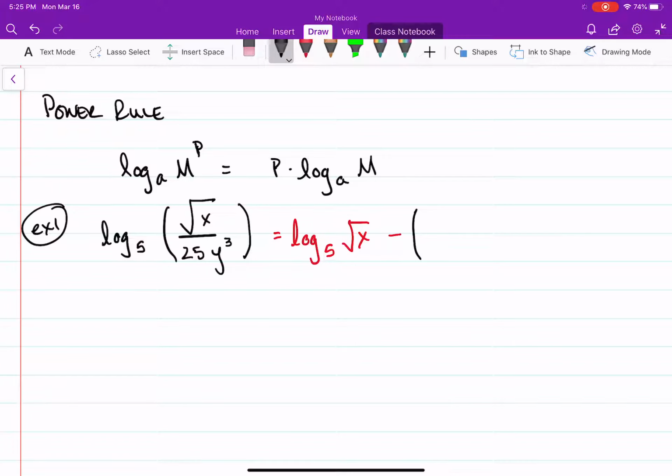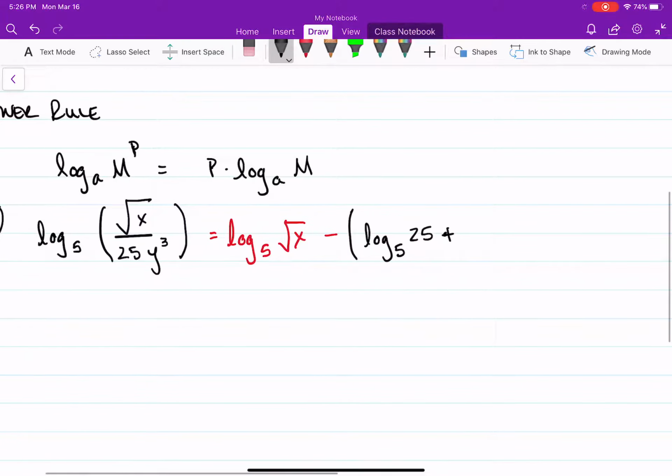That's why I'm putting the parentheses there, because by order of operations I would have to multiply the 25 and the y cubed first. So this would be the log base 5 of 25 plus log base 5 of y cubed.